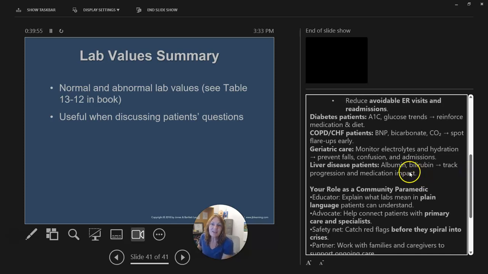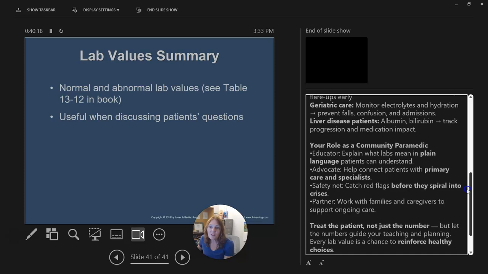For COPD, CHF patients, our BMP, bicarbonate, CO2, we may be able to spot the flare-ups early with these patients. For geriatric care, monitor electrolytes and hydration, which prevents falls, confusion, and readmissions. Our liver disease patients, our albumin and bilirubin, we can track the progression in medication and see how it's impacting them.